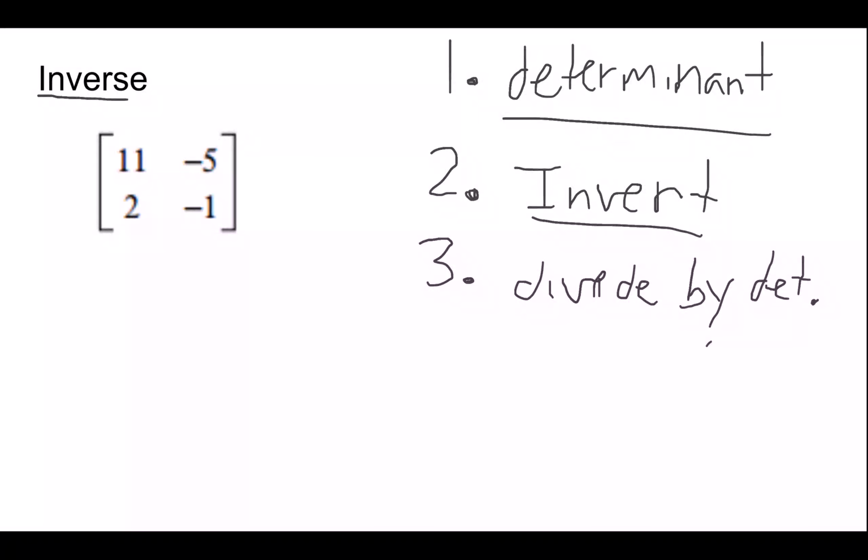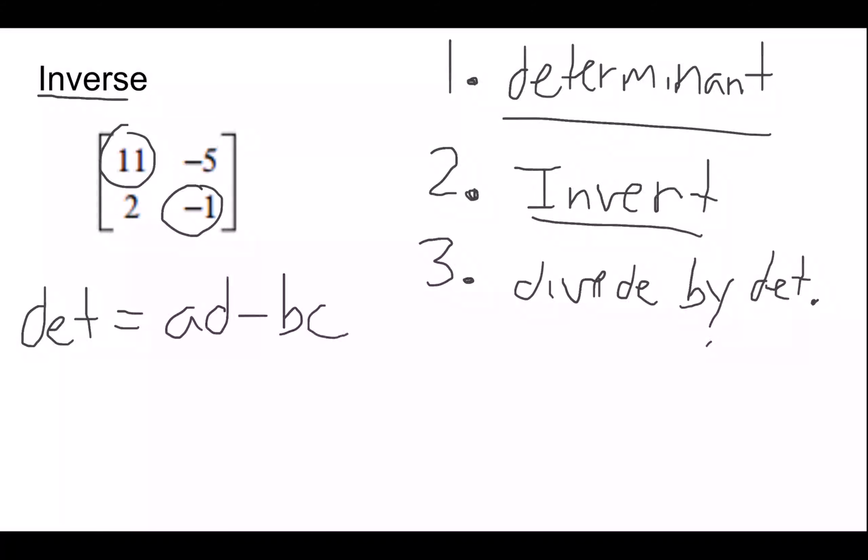So I'm going to take this matrix, and how I find the determinant is you take the A term times the D term. So you take A times D and you minus it by B times C. So I'm just going to do that real quick, which will give me negative 11 minus a negative 10.